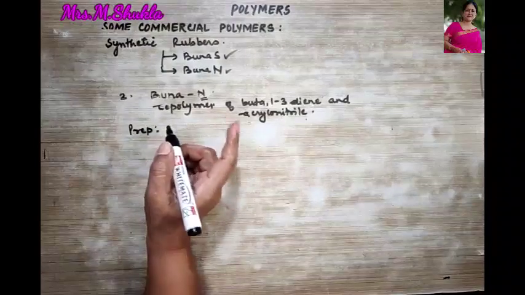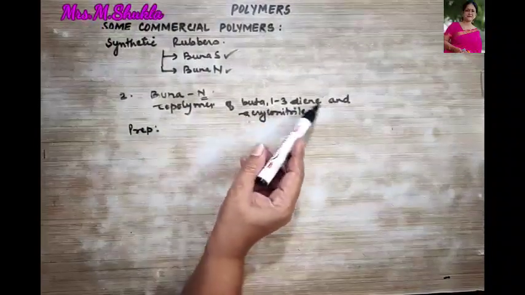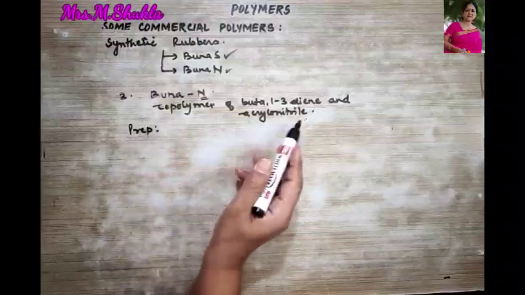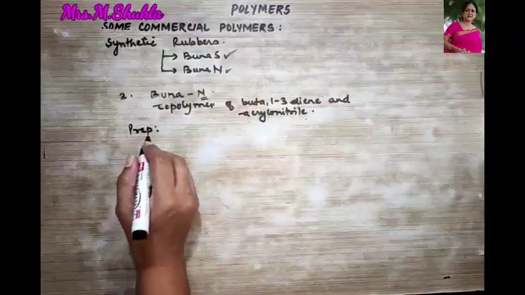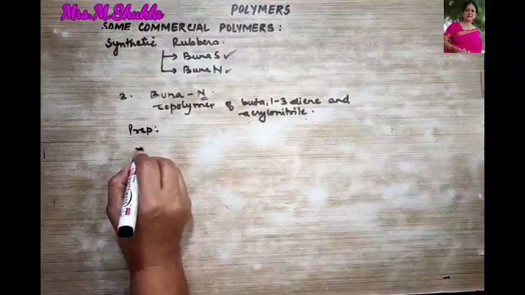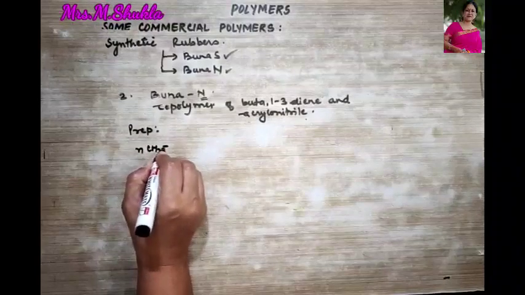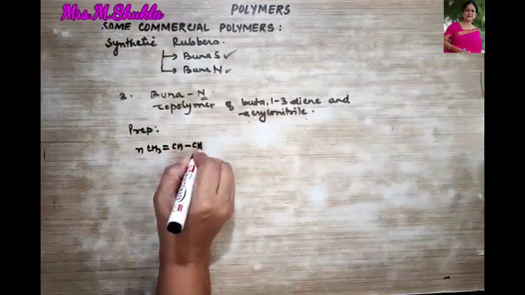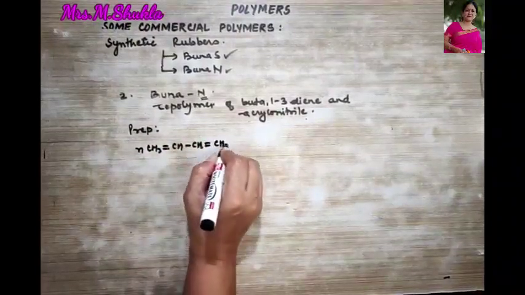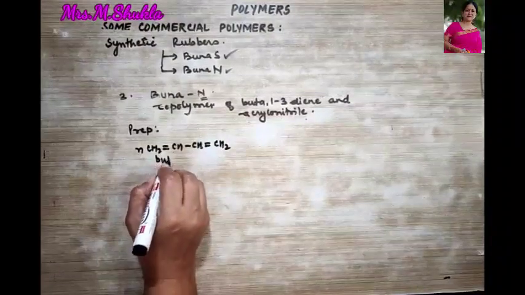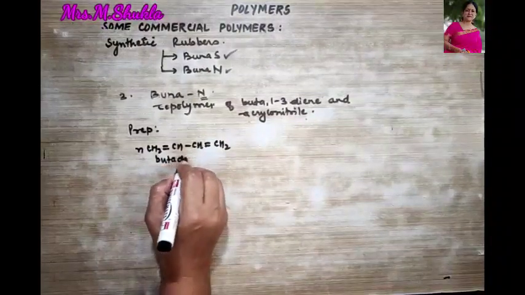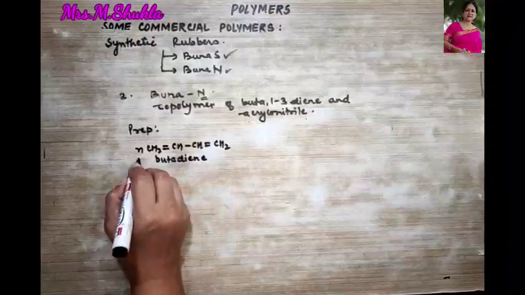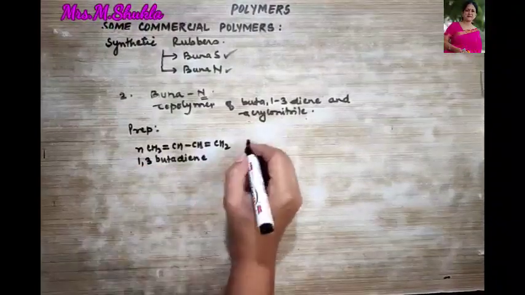It is between buta-1,3-diene and acrylonitrile. So what is buta-1,3-diene? First let us draw that. N CH2 double bond CH, CH double bond CH2. This is your 1,3-butadiene.